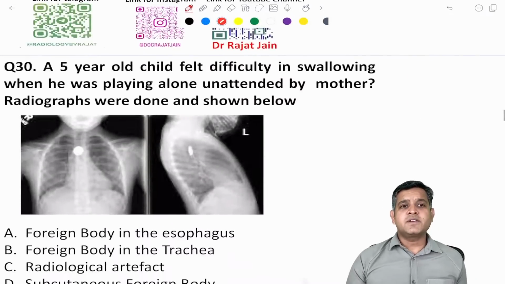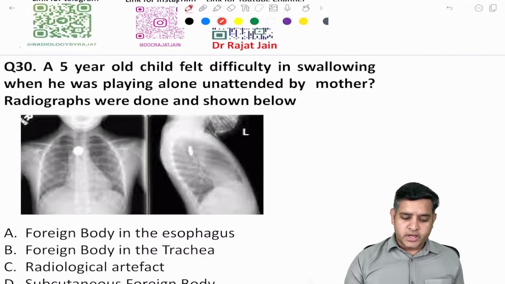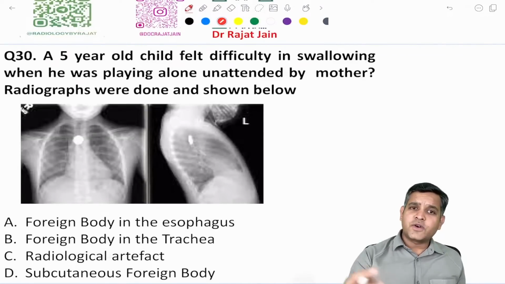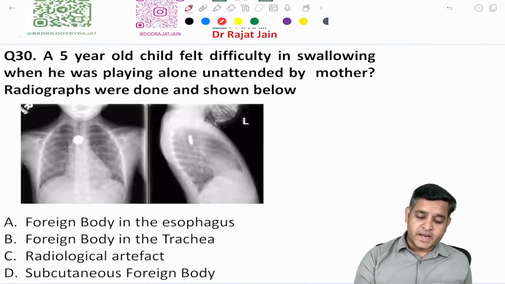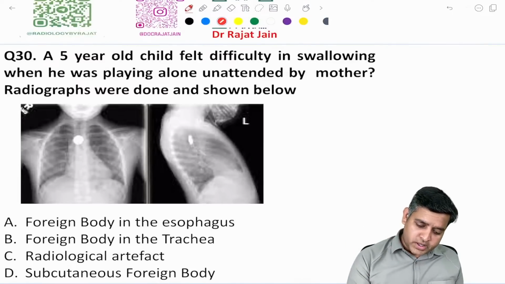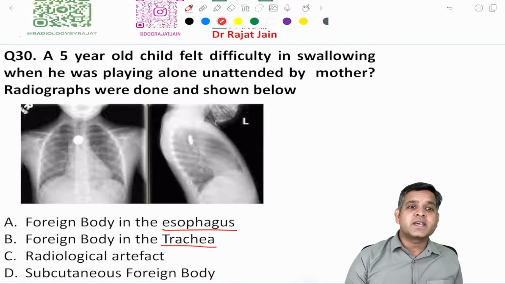30. A 5-year-old child felt difficulty in swallowing when he was playing alone unattended by the mother. A 3 to 5-year-old child develops respiratory distress while playing. That means he has ingested something. Now this foreign body is likely to be present either in the esophagus or in the trachea.